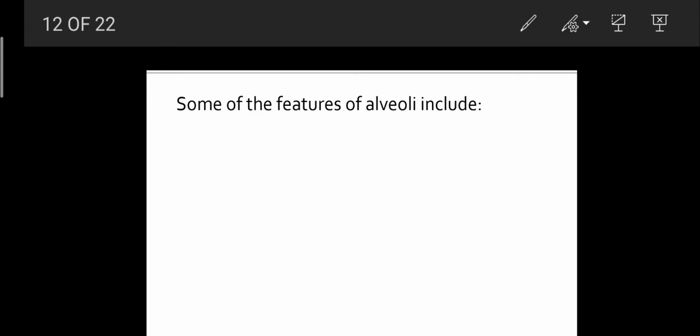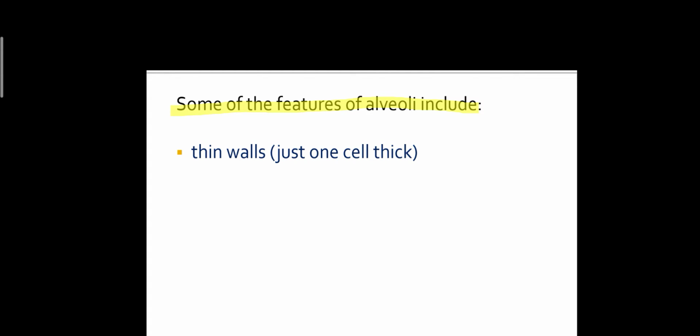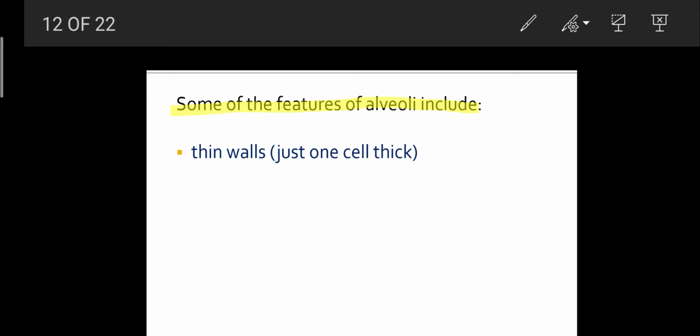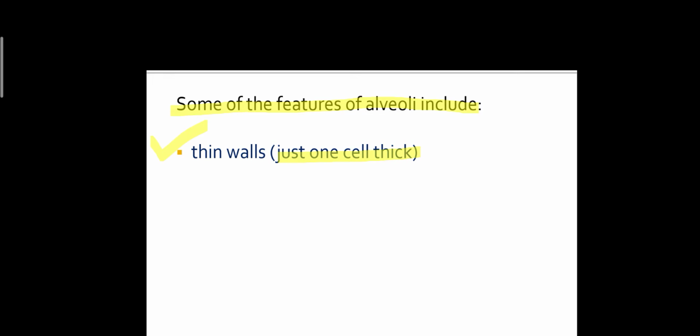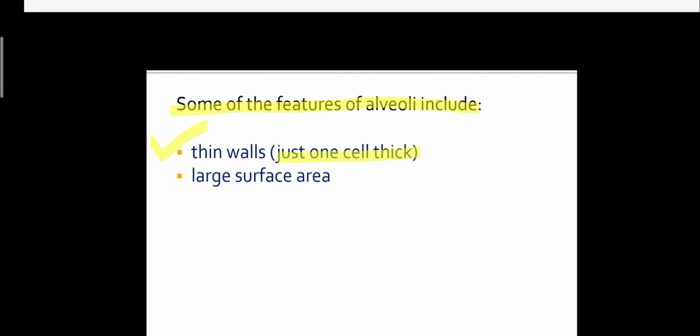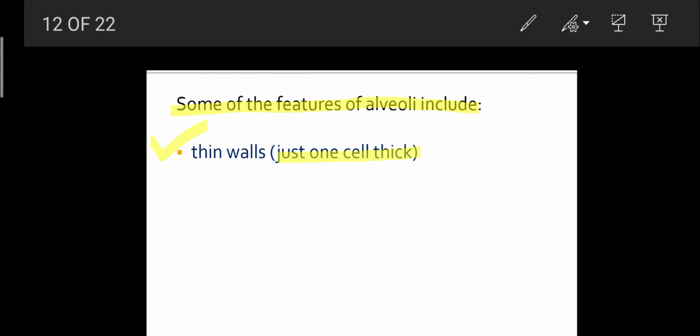Now we will discuss the features of alveoli. Some of the features of alveoli include thin walls. Thin walls are walls that are just one cell thick. The second feature is the large surface area.